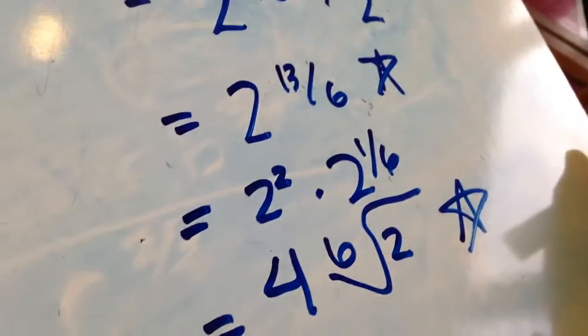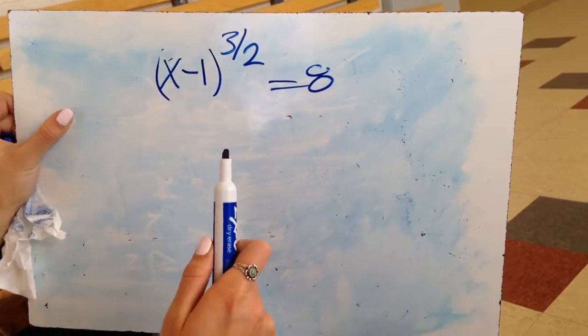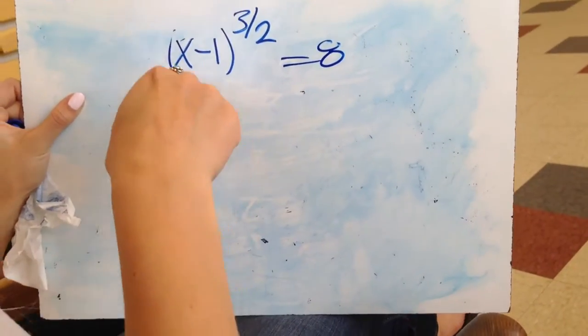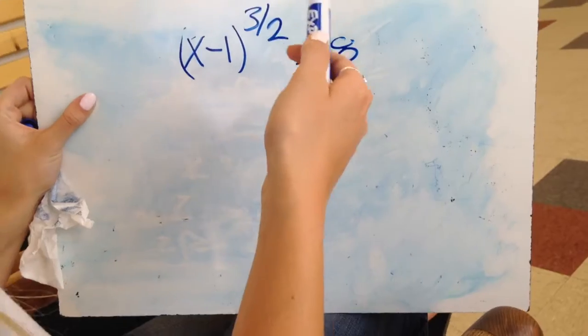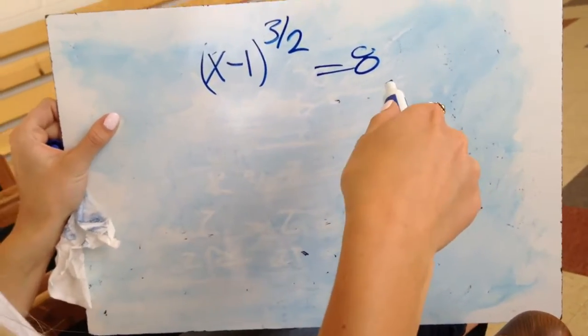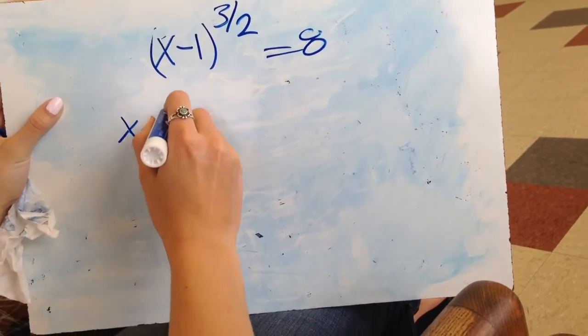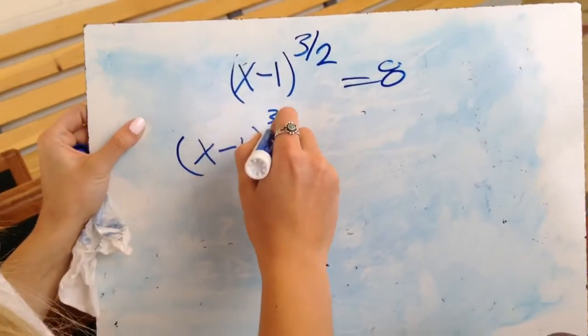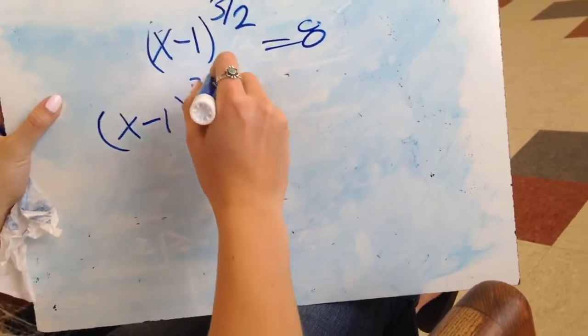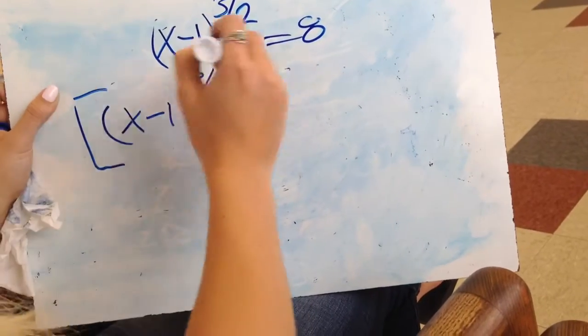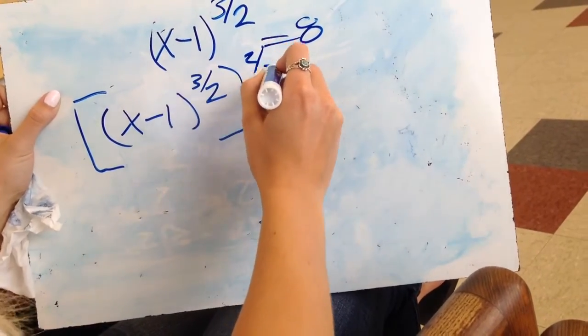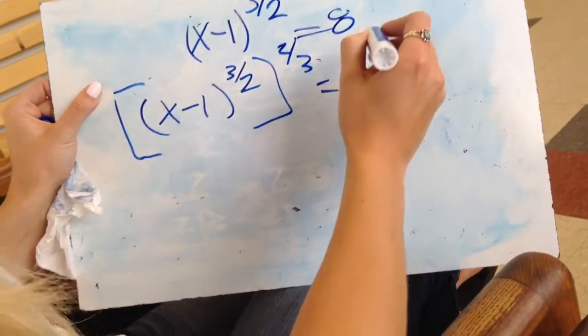Nice, nice. The last problem we're gonna do is x minus 1 to the 3/2 exponent, which equals 8. And you're gonna raise both sides to the 2/3 power to cancel out the 3/2, because you want to get rid of that. You don't like those.